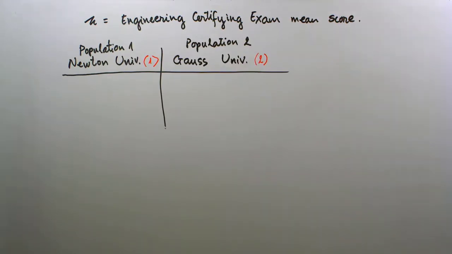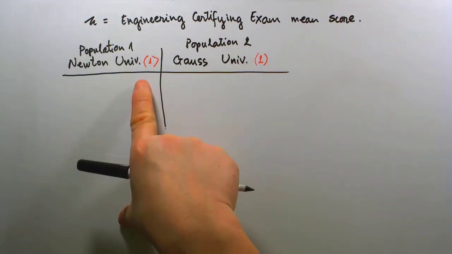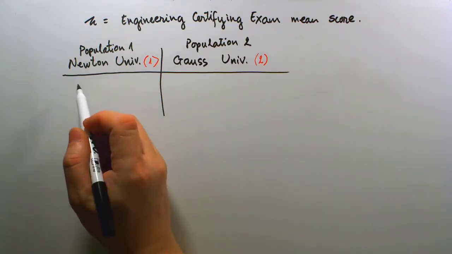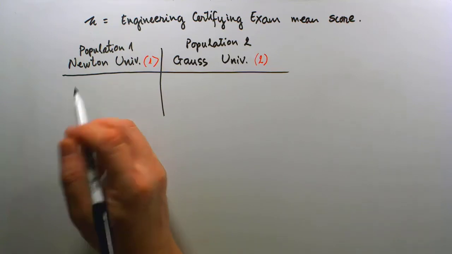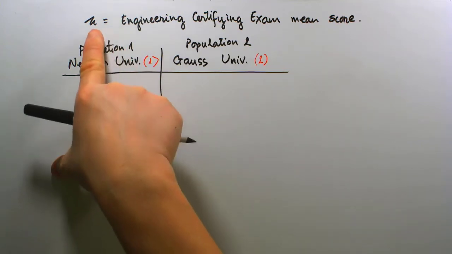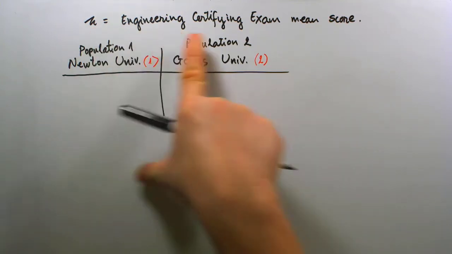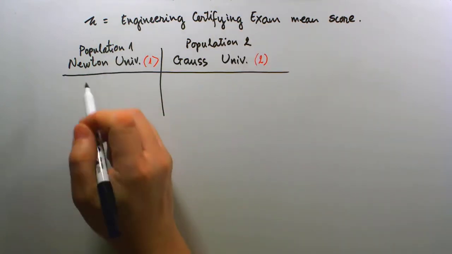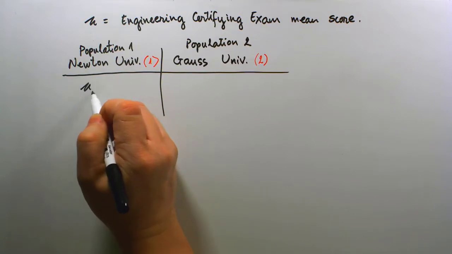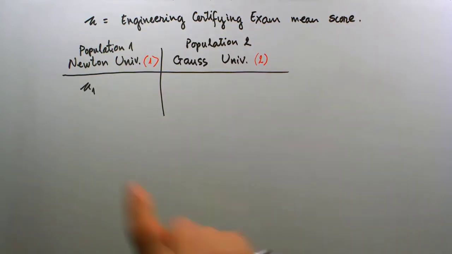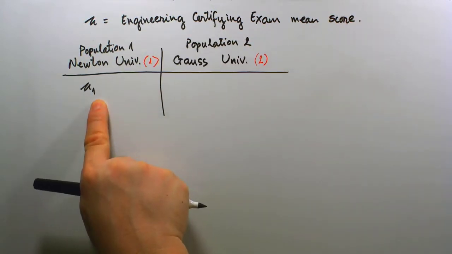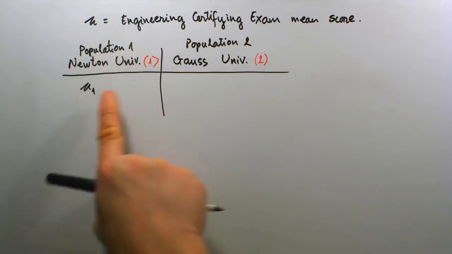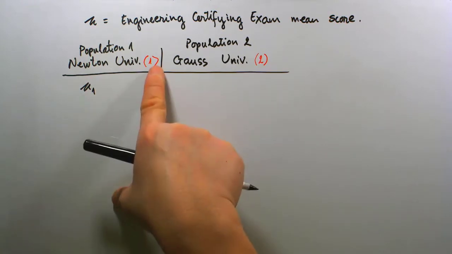Once the numerical labels are given, we have the following. This same mean value, the engineering certifying exam mean score, if we're looking for that in population 1, we call it mu1. The subscript 1 indicates that this is the population mean from population 1.